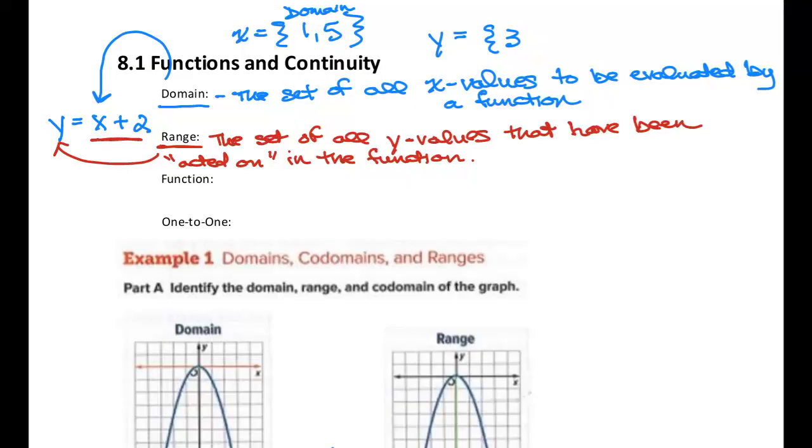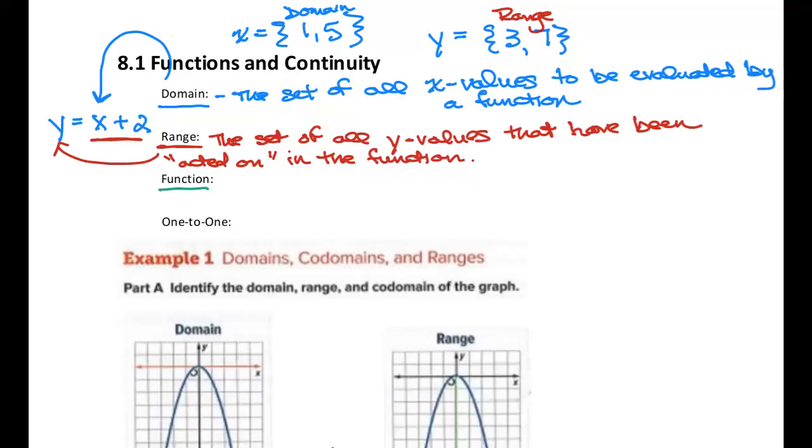If I substitute 5 in, 5 plus 2 is 7. So they have been acted on. They've had something happen to them. Does that make sense? Now, you're like, Miss Thede, how am I going to remember domain is the X and range is the Y? Has anybody got any good ideas?